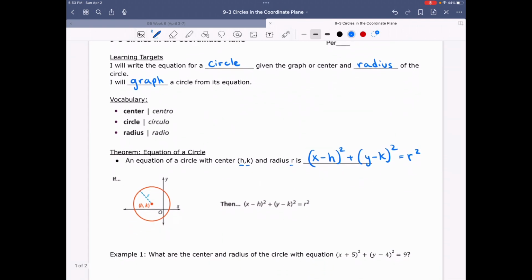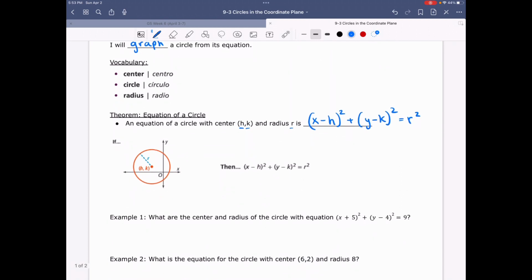So if we have a circle with a radius r and a center at (h, k), then (x minus h) squared plus (y minus k) squared equals r squared.